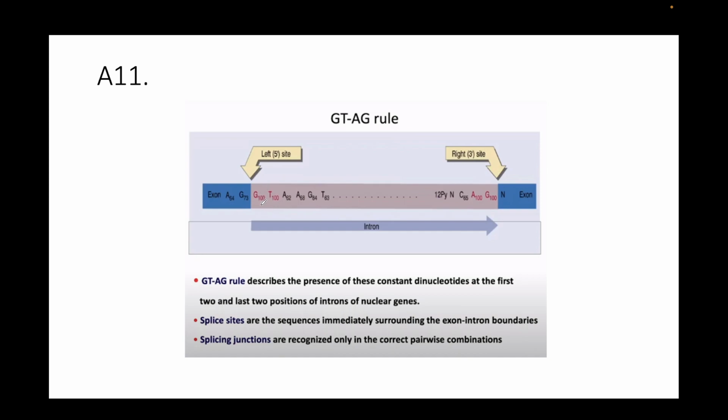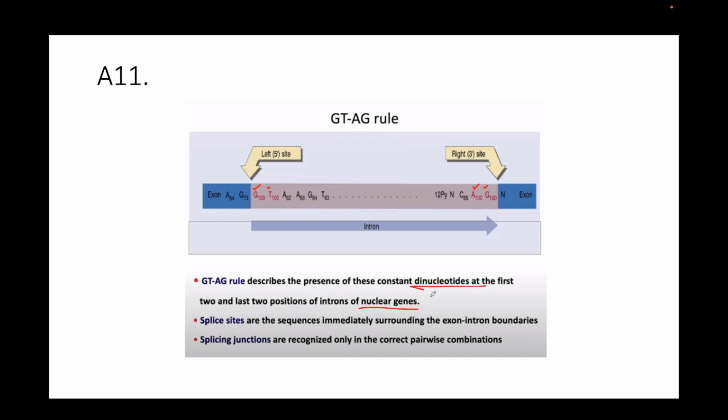It has been found that GT, that is guanine and thymine, and AG, adenine and guanine. So this GT-AG is highly conserved. That means it describes the presence of these constant dinucleotides at the first two and last two positions of introns of nuclear genes.